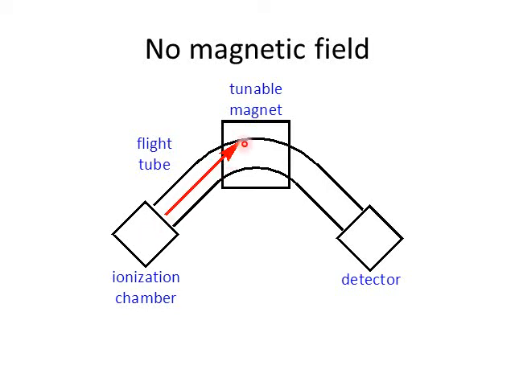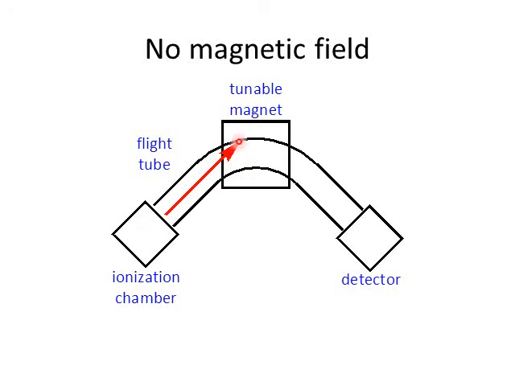Now, an object in motion stays in motion unless acted upon by some force. So if something's shot in a straight line, it's just going to shoot down this tube and eventually run into the wall. By the way, I should note that this tube is under a high vacuum, so there are no other molecules in the tube for these ions to run into. So they'll just basically shoot in a straight line, but if they run into a wall, game's over.